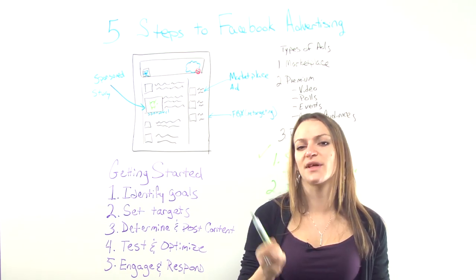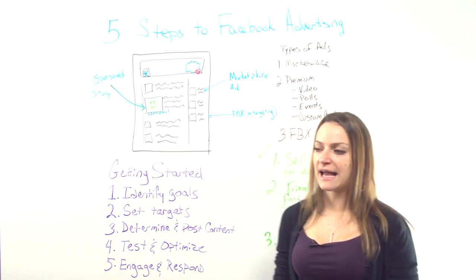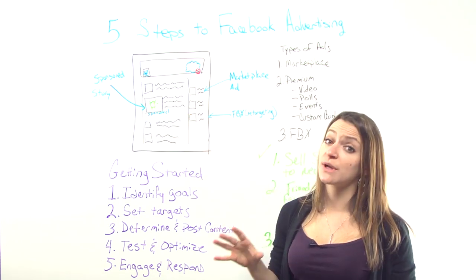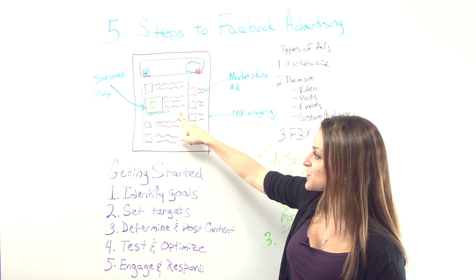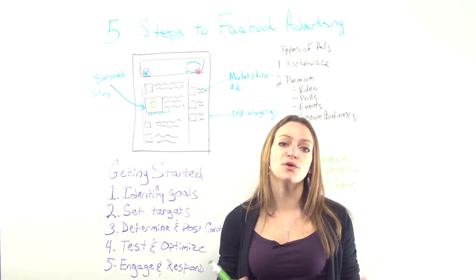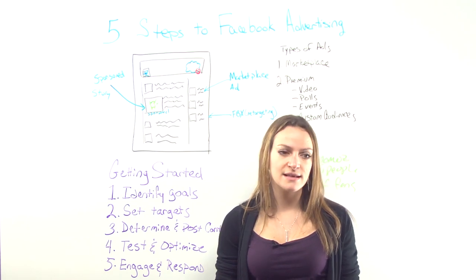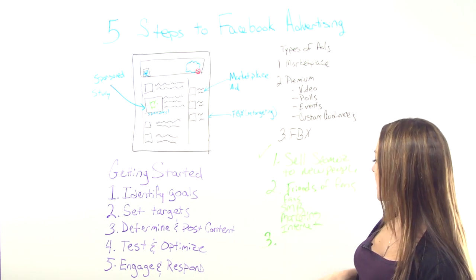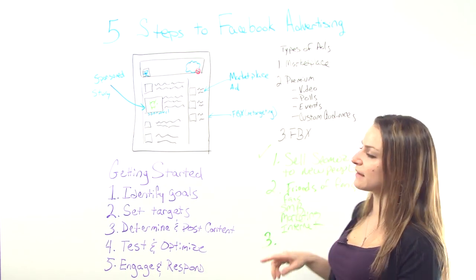Here's an interesting trick that people don't think about, and it's my one major tip for everyone. If you are doing premium content and you have this sponsored story, say you have content that you don't necessarily want your fans and followers to see. Say you really just want to post a great piece of content to advertise to people in marketing.